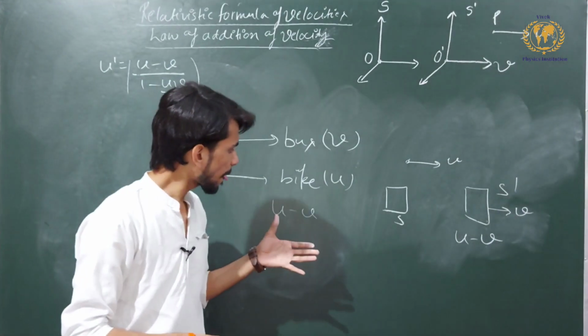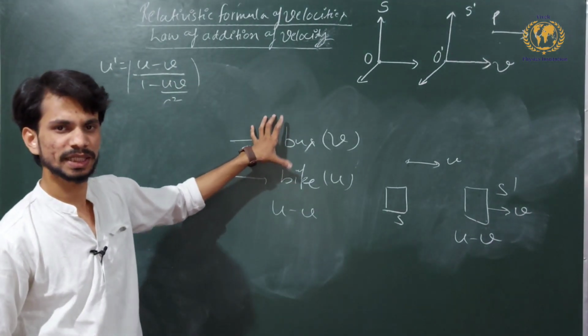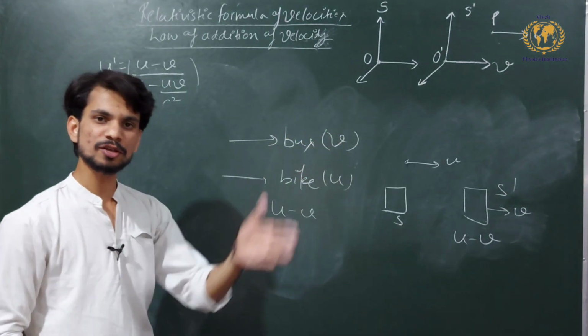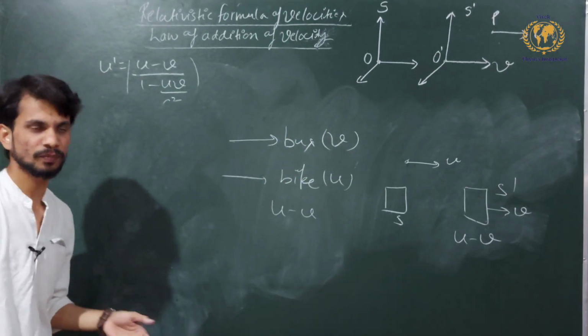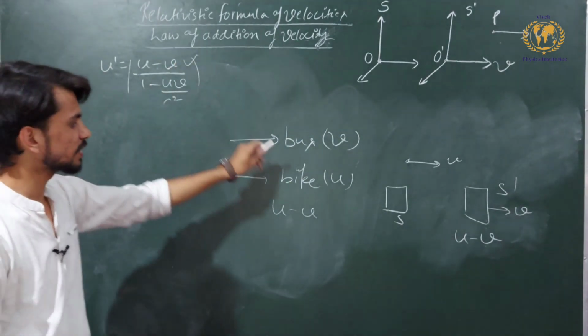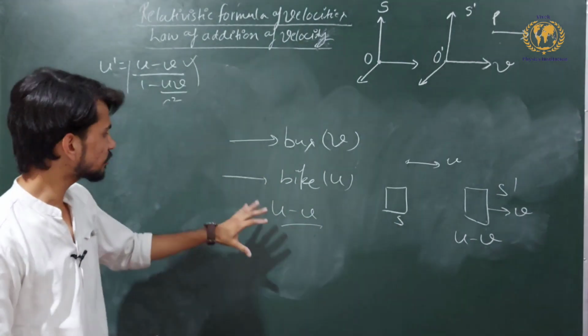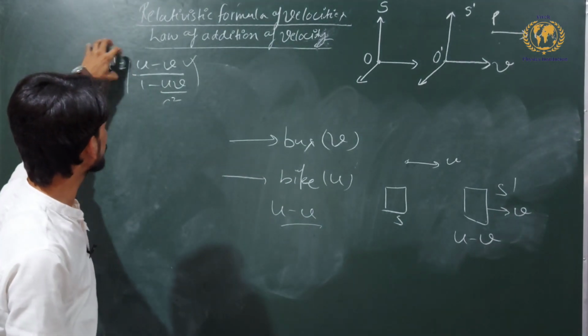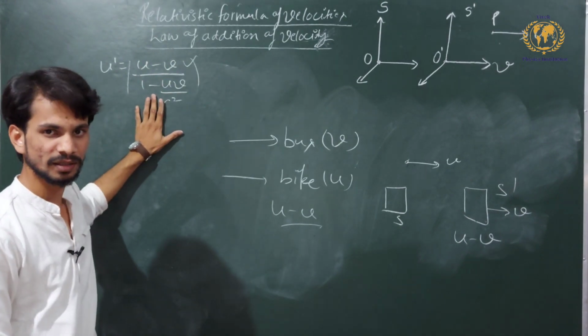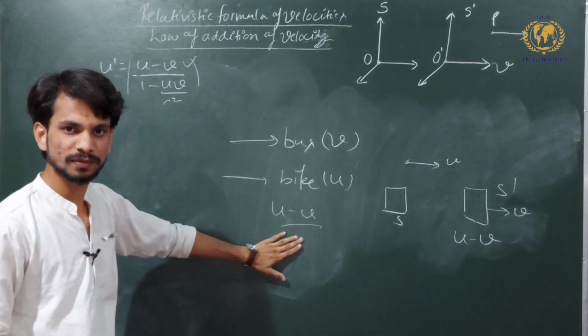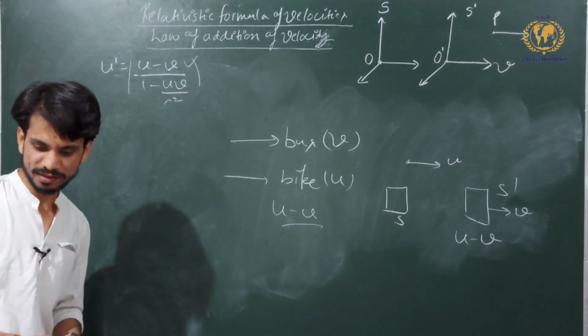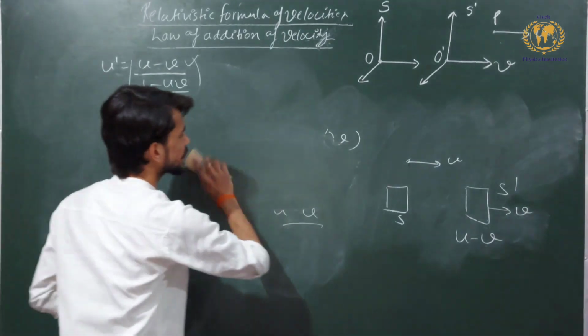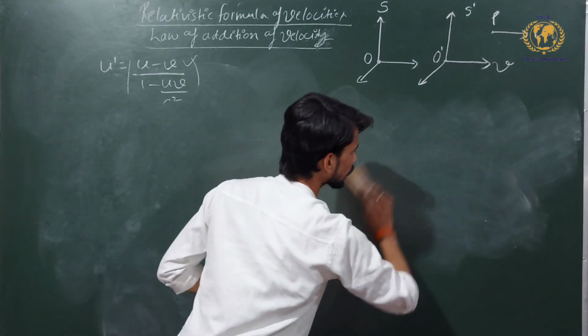But when we take all these into consideration according to the special theory of relativity, then the formula differs. The formula is this one, not this one. So you can check the difference between the formulas. This is u dash equals u minus v divided by this complete factor. Here this factor is absent. Okay, so this is the distinction between the special theory of relativity and the classical picture.